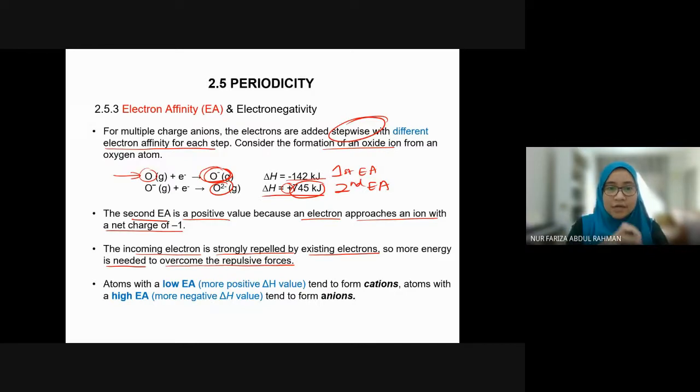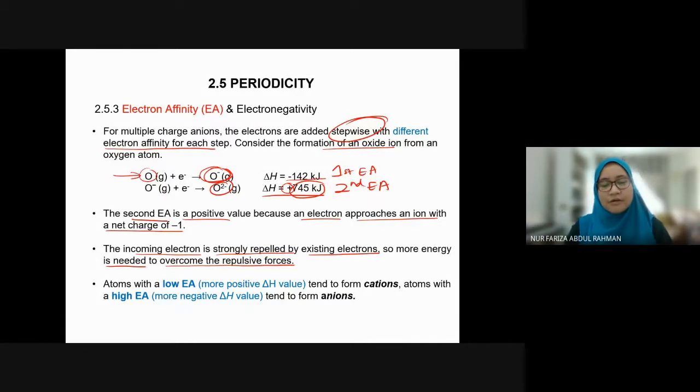Now you want to add more electrons into an ion that already has higher repulsion. It repels the electron, and forcing the electron in will create more repulsion.